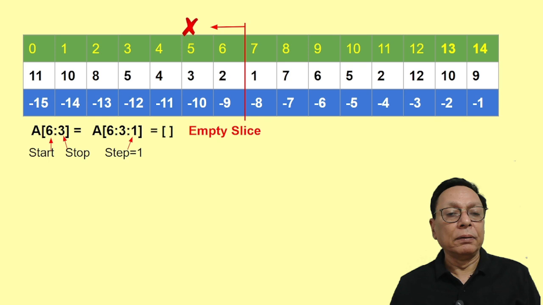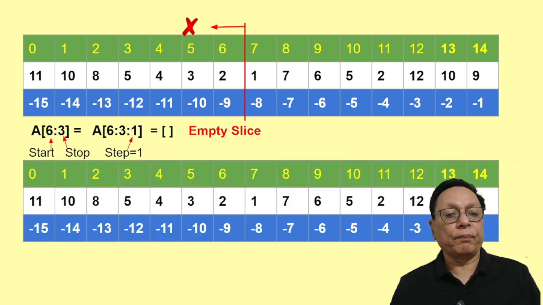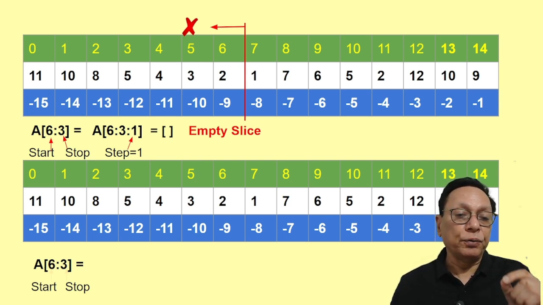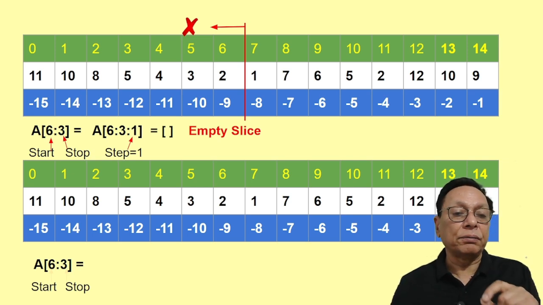And next example, so this is the list. We are going to take 6 comma 6 colon 3 means we have to start from 6 and we'll have to move to 3 because if you consider this combination, 6 is bigger than 3, any starting value is bigger than 3, and if you take plus 1 as a step, it will create empty slice.